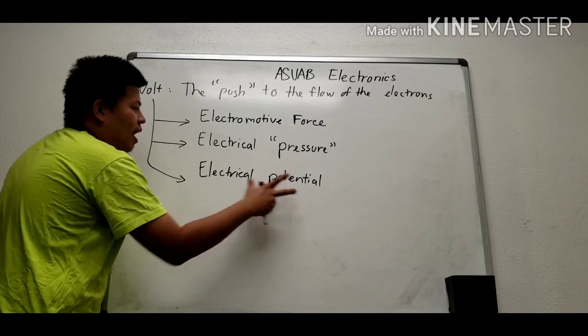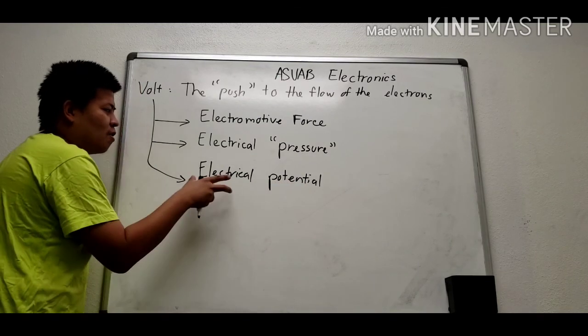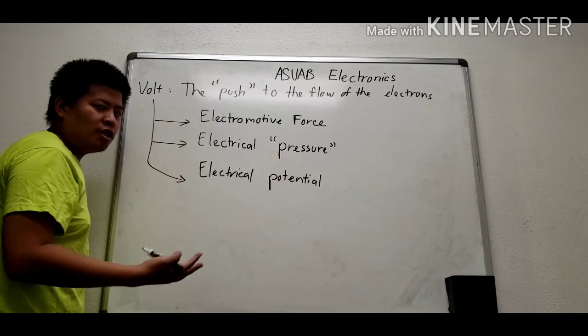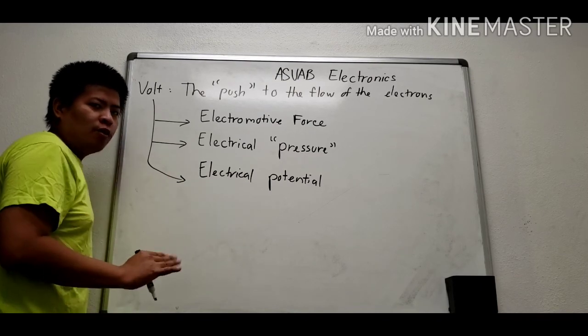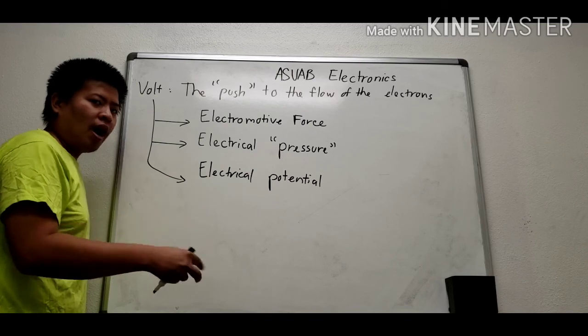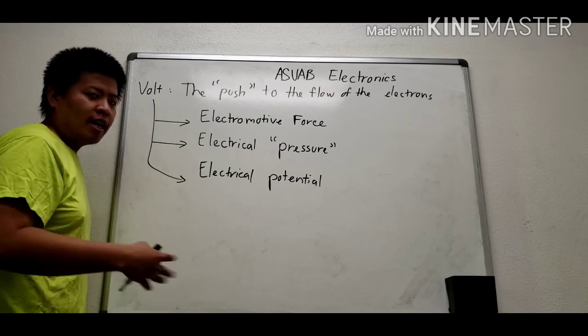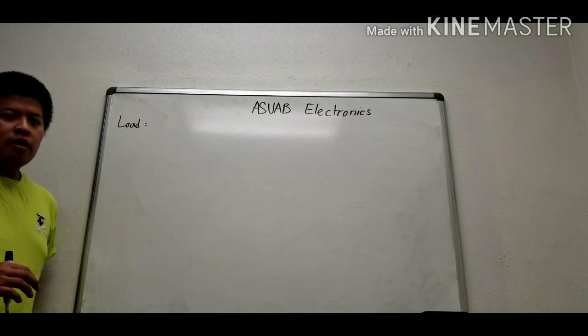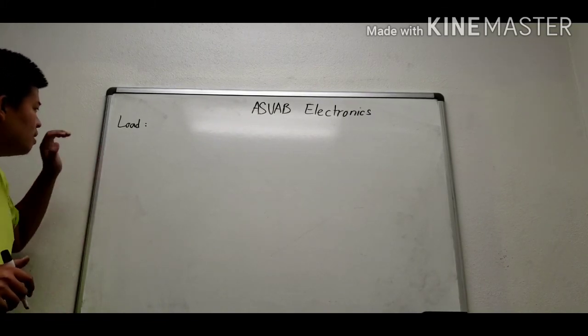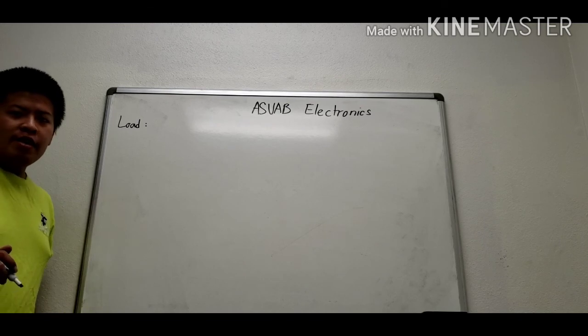Without electrical potential or the voltage, the electrons cannot move. They will be standing on the wire, and they cannot go anywhere. Next, I will talk about the load, because for the load we cannot have the definition yet.